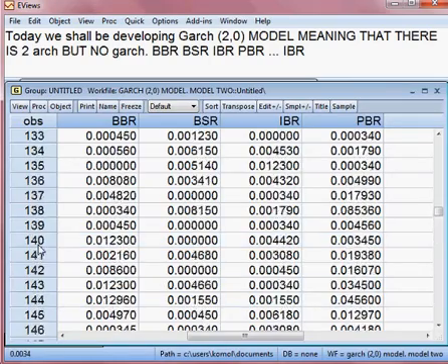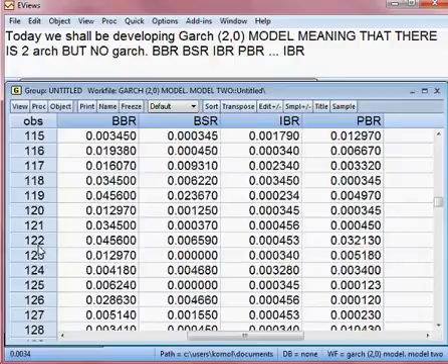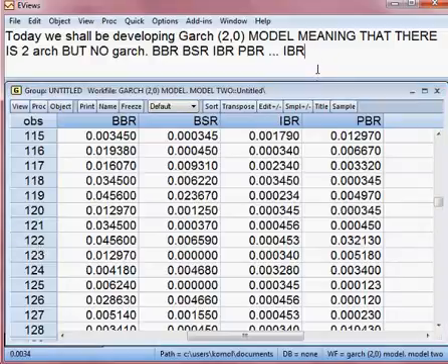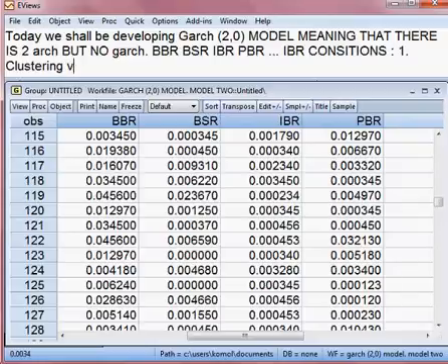The question is, when can we run the ARCH model? There are two conditions. Condition number one: there should be clustering volatility in the residual.